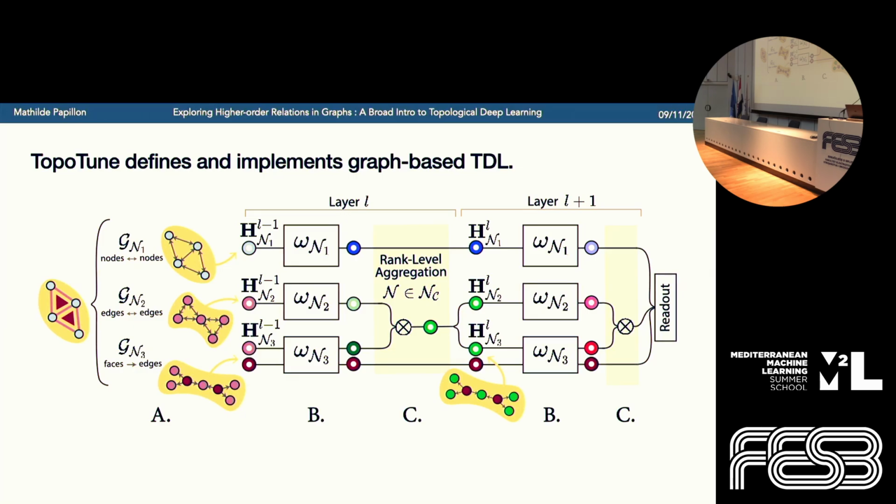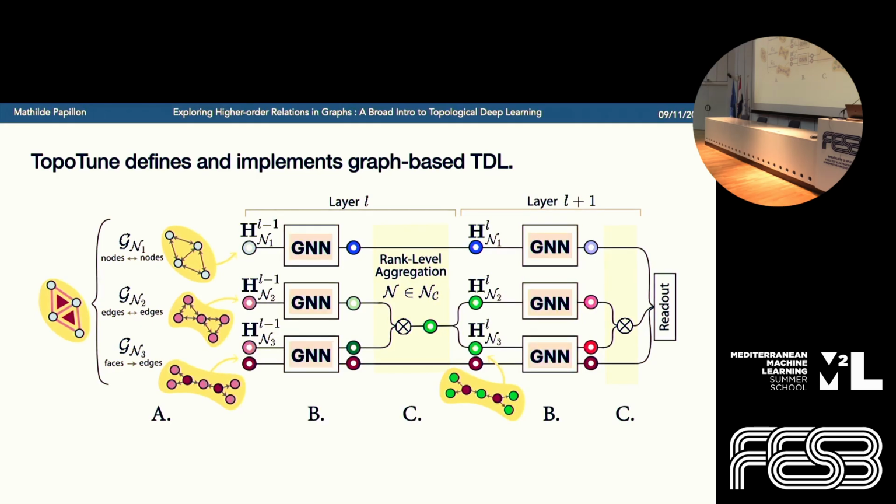Once you have your graphs, you send them through a series of synchronized GNNs, which then output new representations on your nodes, on your edges, on your faces, which you then aggregate back into a single representation. So in this case, by representing my higher order domain as two graphs, I now have two representations per edge.